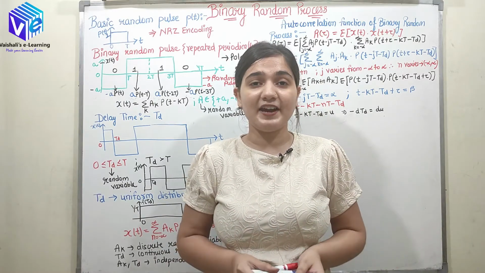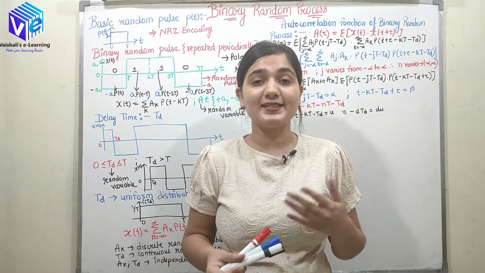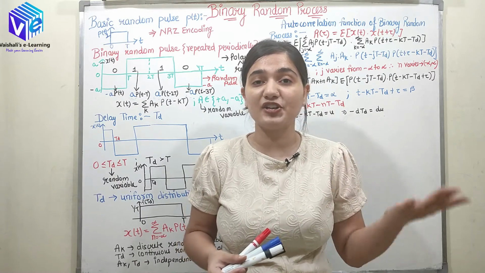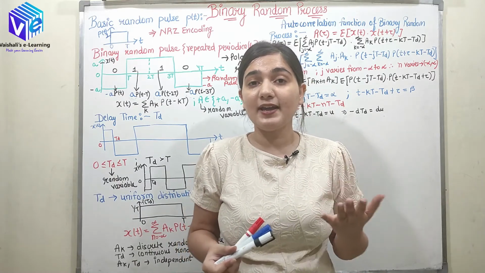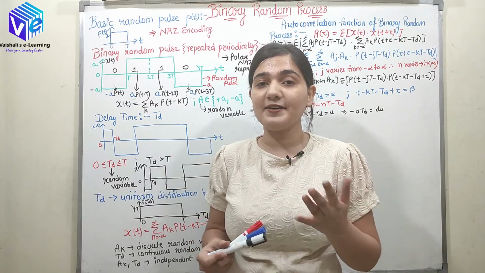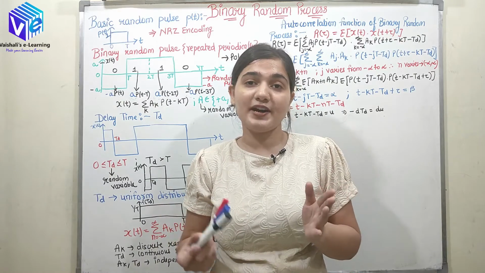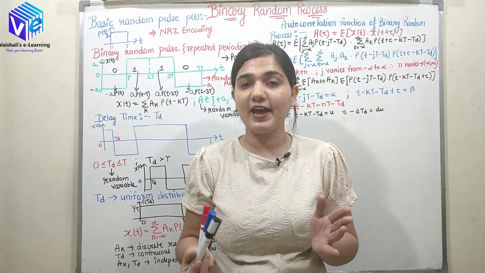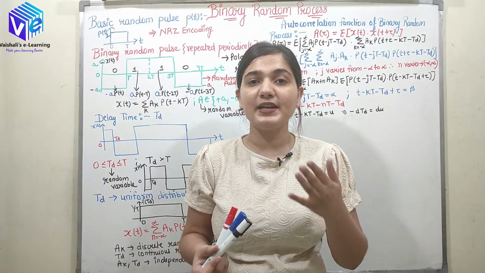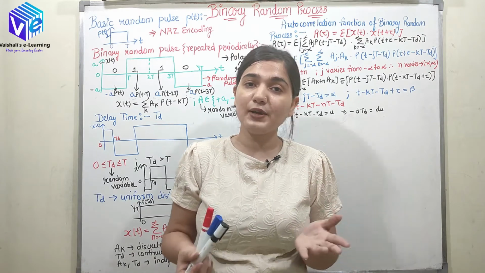So what is a binary random process? The random process, as I said, is a random variable which is a function of time. So a binary random process means I have a random process, which will always be a function of time, and its amplitude has only two levels.